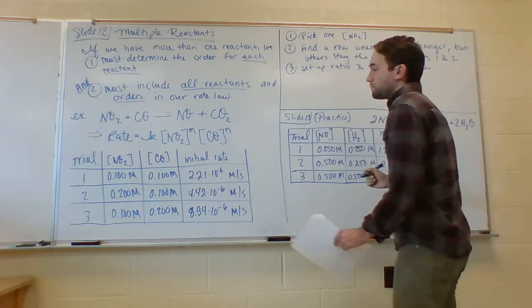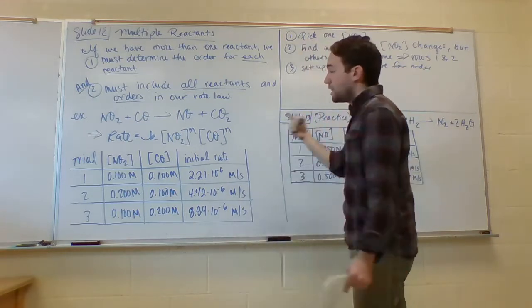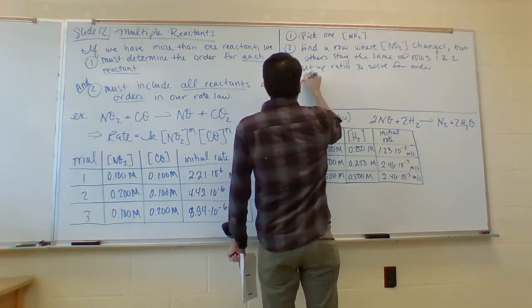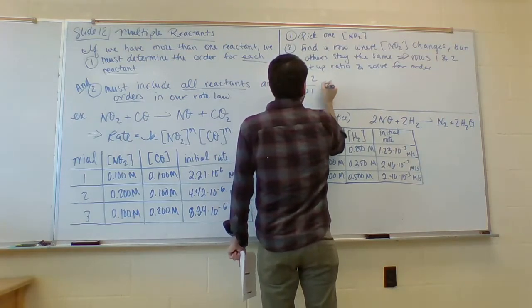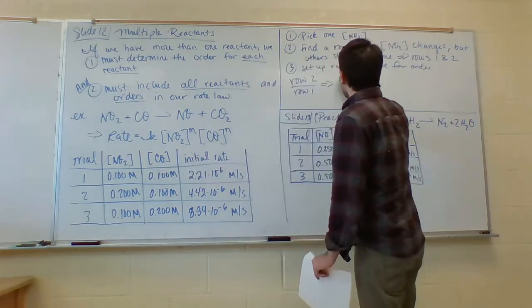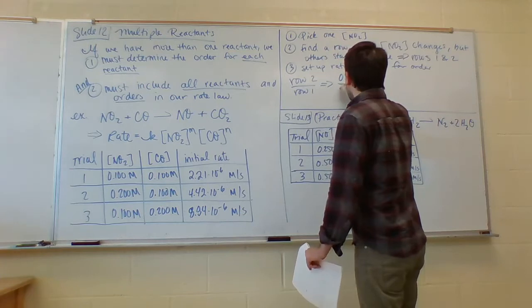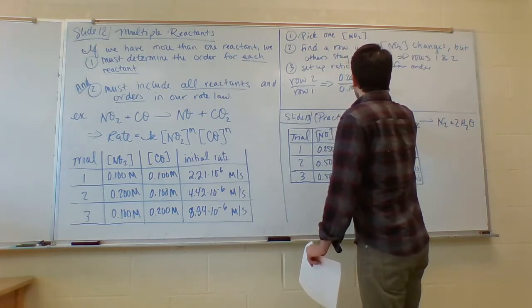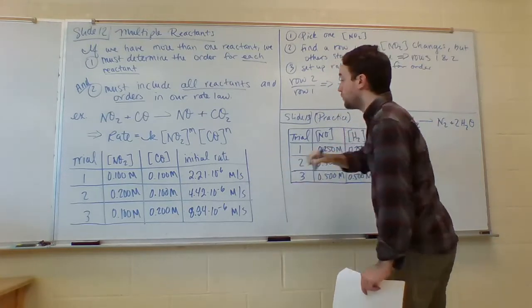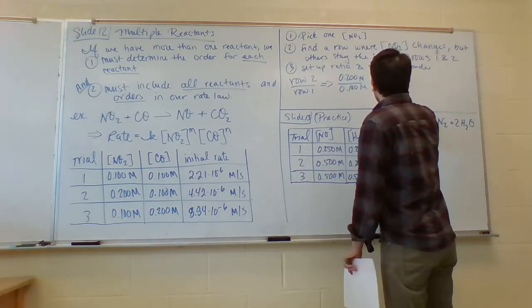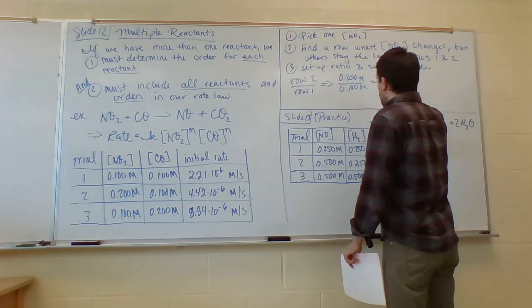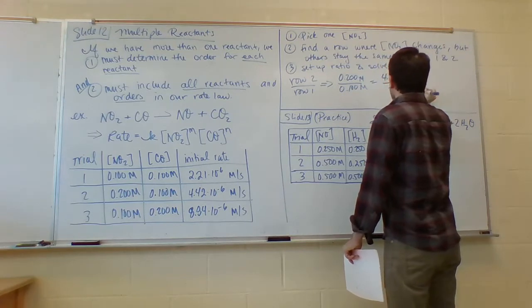Now I want to put the bigger on top, so we're going to put row 2 over row 1. For that, I first put my concentrations, 0.200 molar over 0.100 molar. And then I put my rates. Again, I'm going to put row 2 over row 1, just like we did last time: 4.42 times 10 to the negative 6th over 2.21 times 10 to the negative 6th.